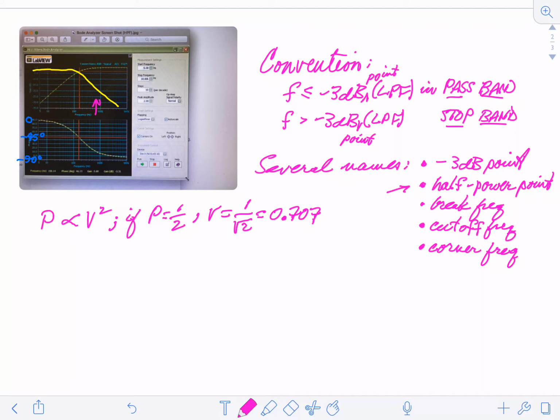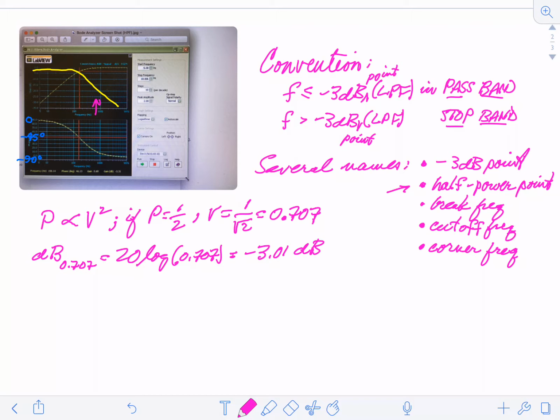It's just somebody decided and people agreed. So that's basically what they're doing there. And the other point of this is that if you want to put this on a dB scale, then the dB equivalent of 0.707 is 20 log 0.707, which happens to be minus 3.01 dB.